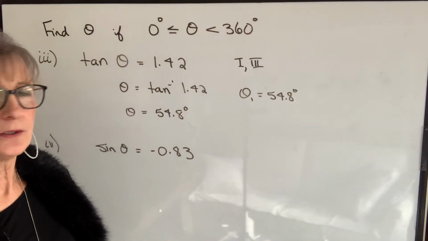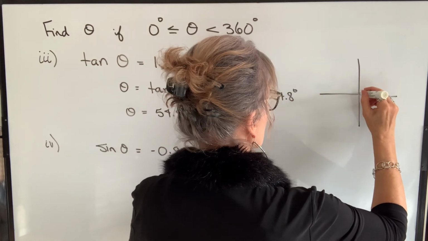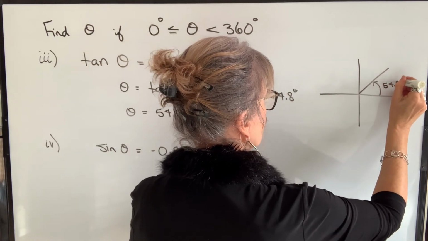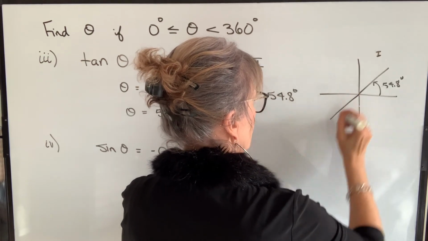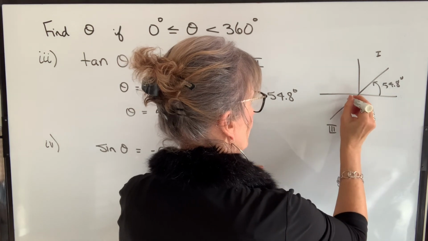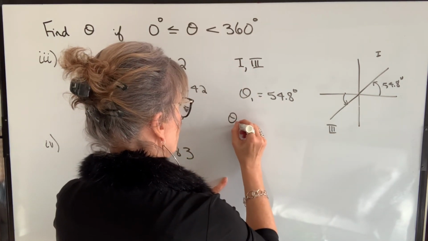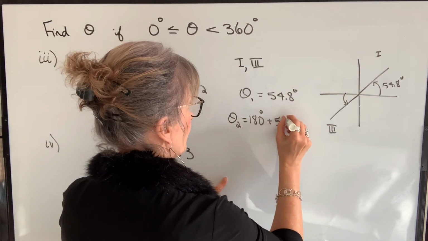The other angle will be in quadrant 3. So if the rotation from the horizontal axis is 54.8 degrees, the angle in quadrant 3 will be that amount of rotation from 180 degrees. So angle 2 will be 180 degrees plus 54.8.